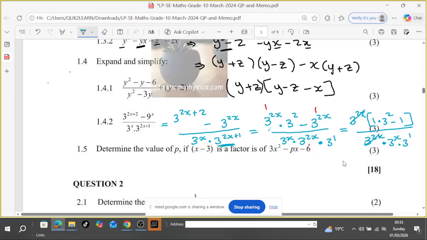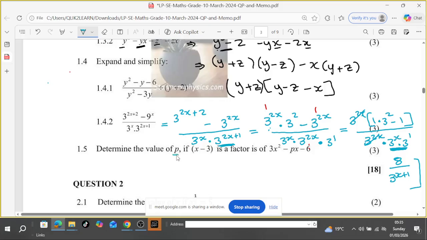So it's 9 minus 1. The top part I'll have 8 over. The bases are the same. We can add the exponents here. We can write that as 3 to the power x plus 1. Then this is simplified. Do you have any question based on that one? No. Okay.